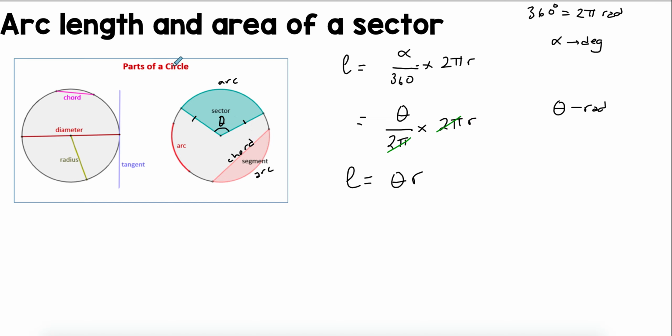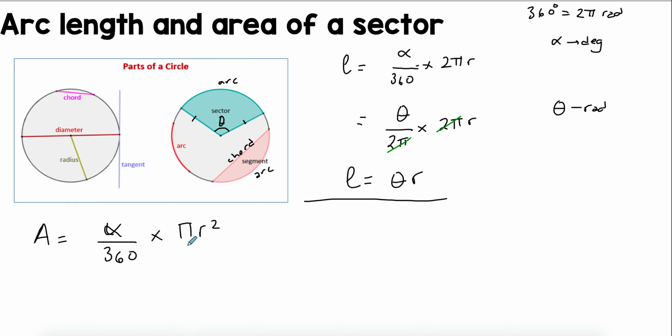And then we could do the same thing for the area of a sector. The formula is, again, alpha over 360, and we're taking a part of pi r squared. So the same thing, a percentage of an amount.